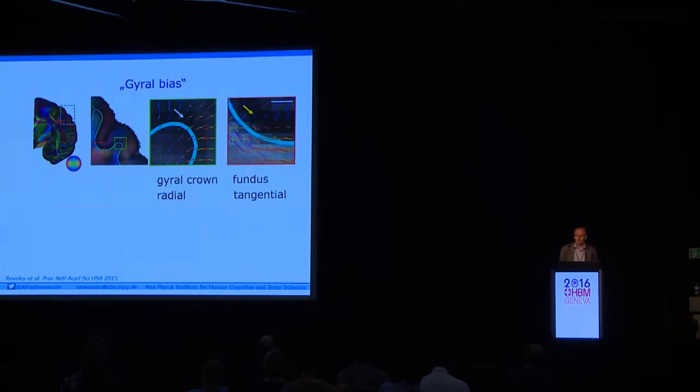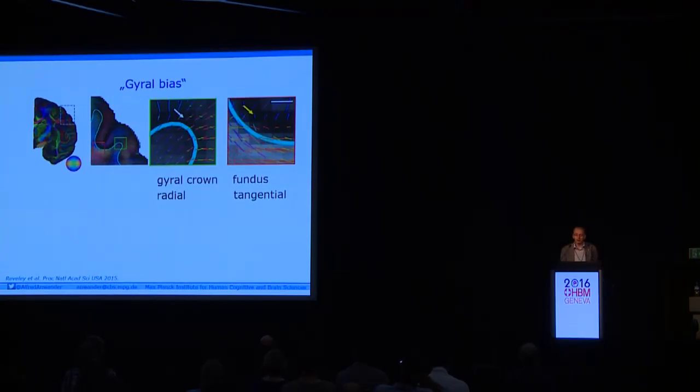And if you go to the fundus, then you see more tangential diffusion orientations, which might be related to U fibers connecting the two gyri, or to other effects which just prevent the streamlines from entering the fundus, so deep down, like here. In these areas, they just pass by.